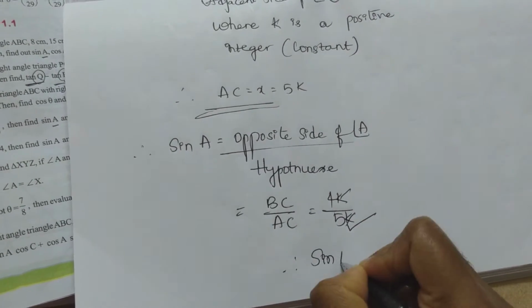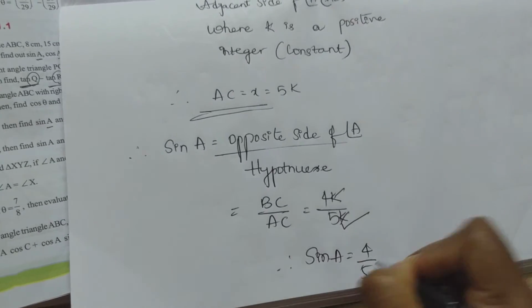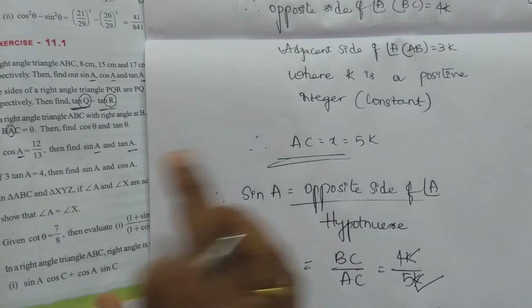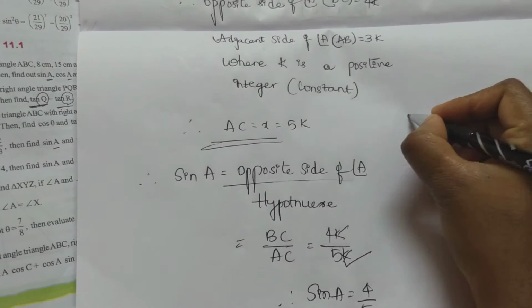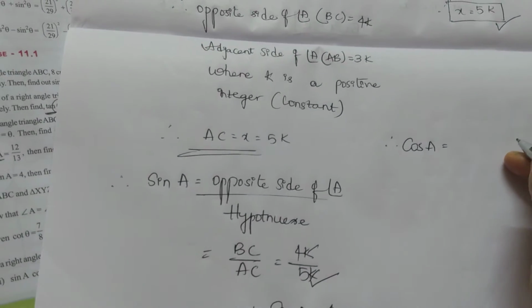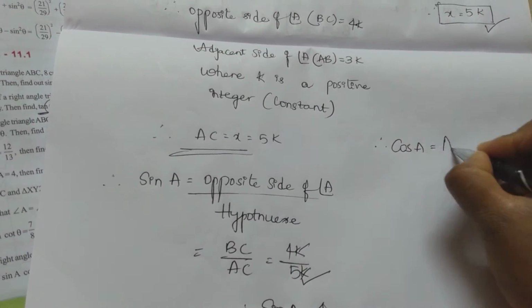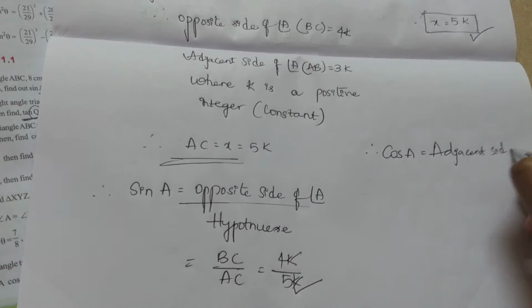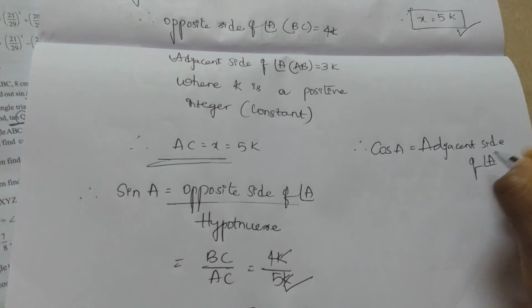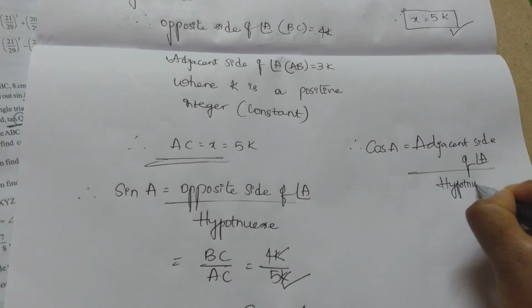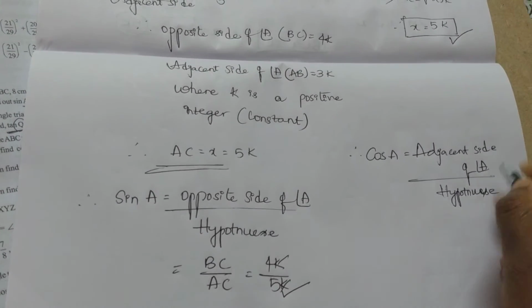Therefore sin A equals 4 by 5. In the same way you need to find cos A also. So cos A equals, what is the cos A formula? It is adjacent side of angle A by hypotenuse. When you see the figure, what is the adjacent side?